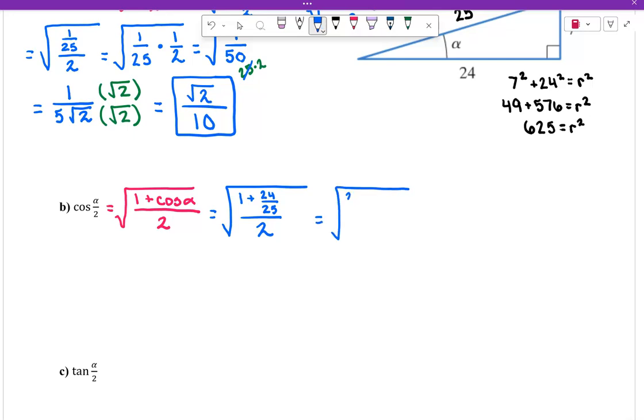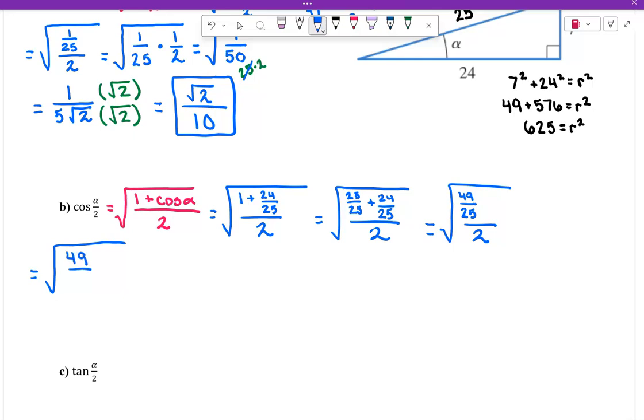We already talked about that 1 can change to 25 over 25 plus 24 over 25, which means that gives us 49 over 25, that needs to be a bigger square root, divided by 2. Remember that changes to 49 over 25 times a half, which gives us 49 over 50.